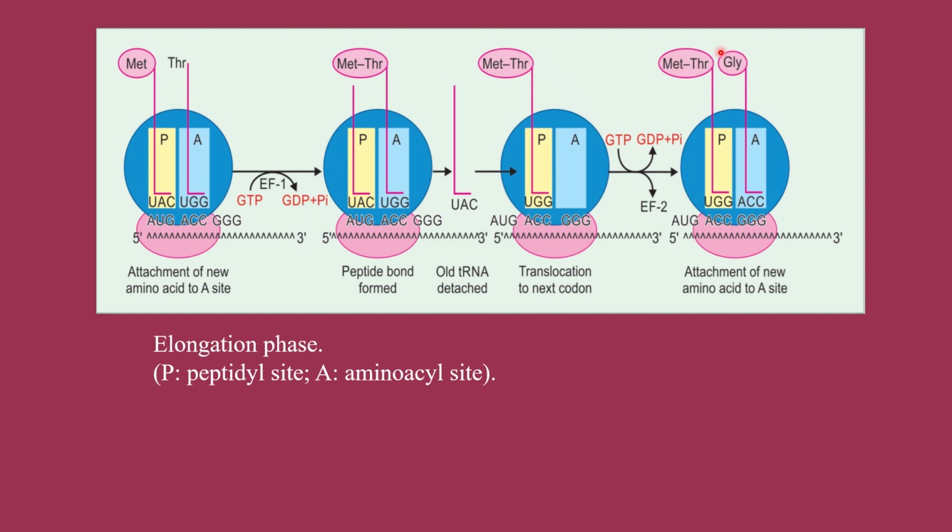Then simultaneous reading and shifting of the complex happens. And this is how the messenger RNA codons are read by this association of ribosome along with the tRNAs.